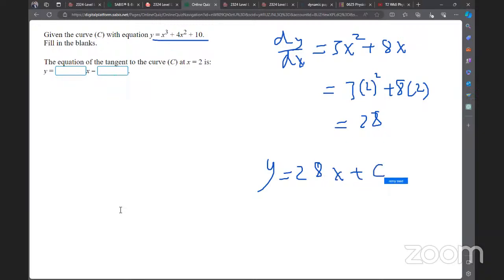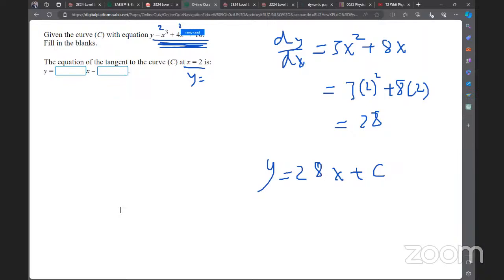This line is tangent to this curve at x equal to 2. How about y? I will replace x by 2 in the curve equation to get y. So please do it quickly: 2 power 3 plus 4 times 2 power 2 plus 10.